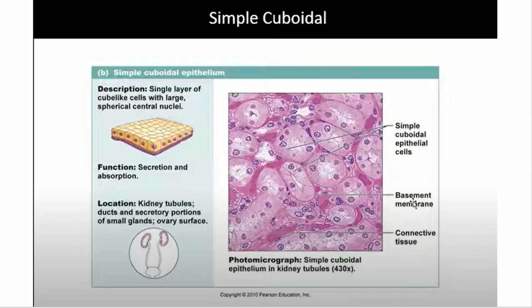Basement membrane. The basement membrane is the base layer that separates the epithelial cells from the underlying connective tissue. So what you see between that right here is connective tissue. So basement membrane is the base layer, right? It's going to be right down there at the bottom. You can also see it called basement membrane, or basal lamina.